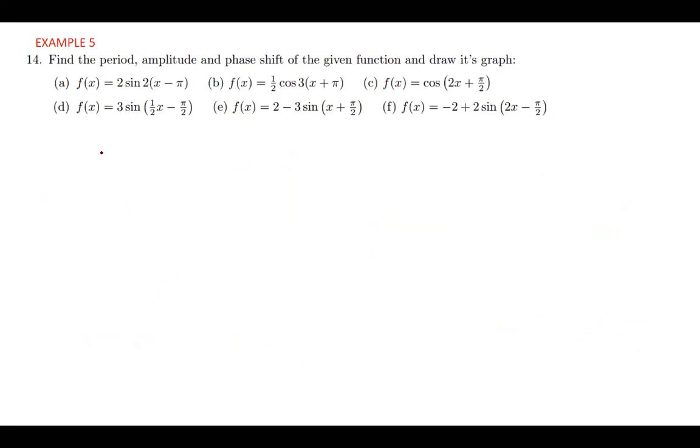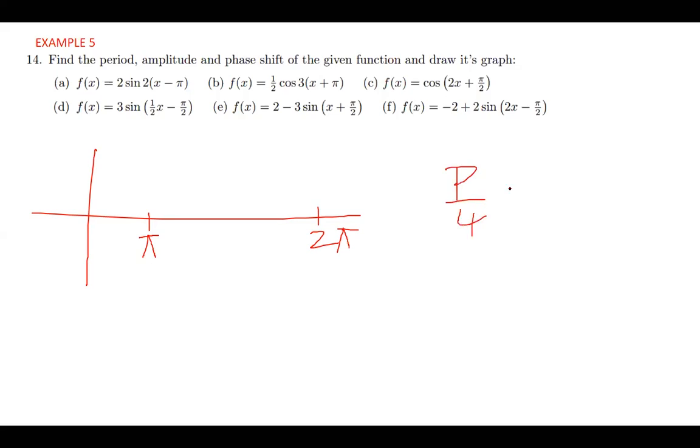The pi over 4, if you have something like this, instead of you finding the midpoints and everything, you just divide your period by 4. So my period in that case was pi, and then I divided it by 4, which gave me pi over 4.